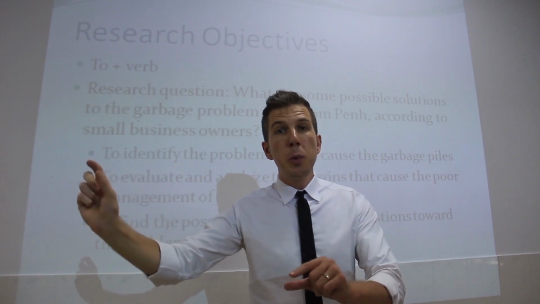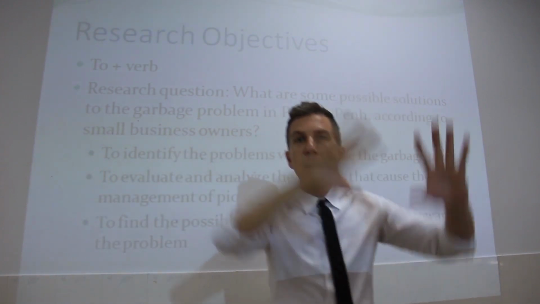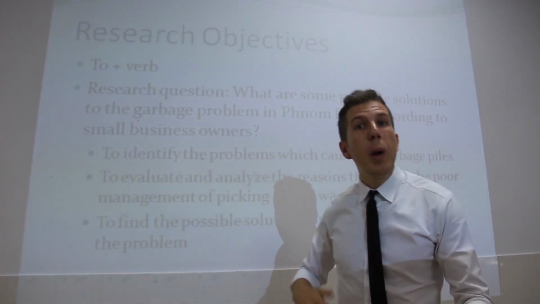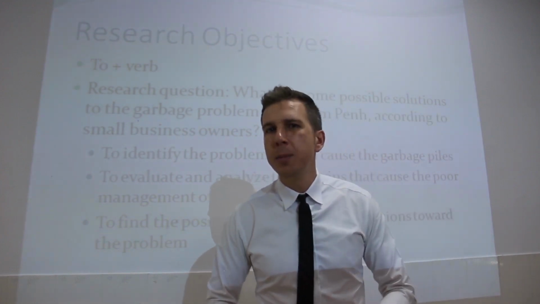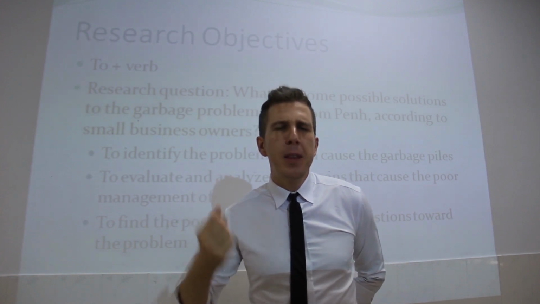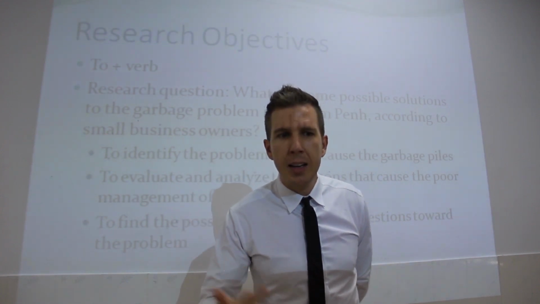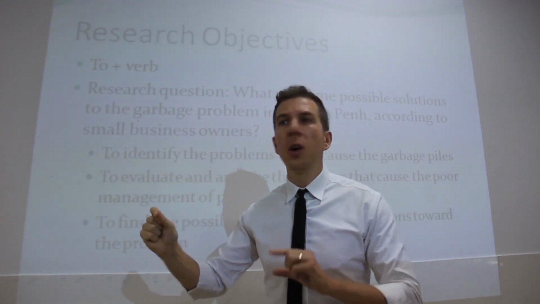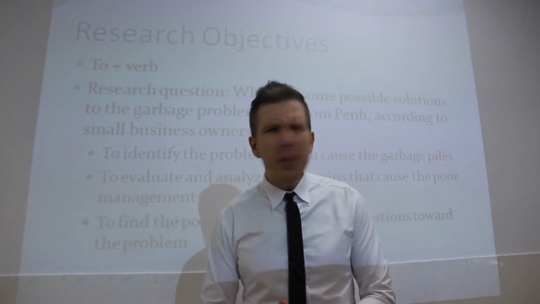So you see that to plus a verb. To identify the problems which cause the big garbage piles, to analyze the reasons for poor management, and to find possible solutions. So think about different verbs: to evaluate, to analyze, to understand, to investigate. You just list them in bullet points. Easy, right? Not so bad.